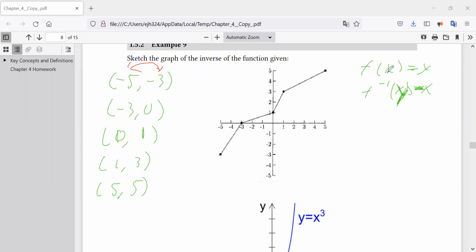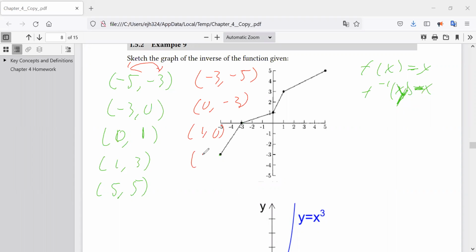Because we have f of x equals y implies that f inverse of y equals x. So that would mean that f inverse of -3 is equal to -5, and f inverse of 0 is going to be equal to -3. F inverse of 1 is going to be 0.